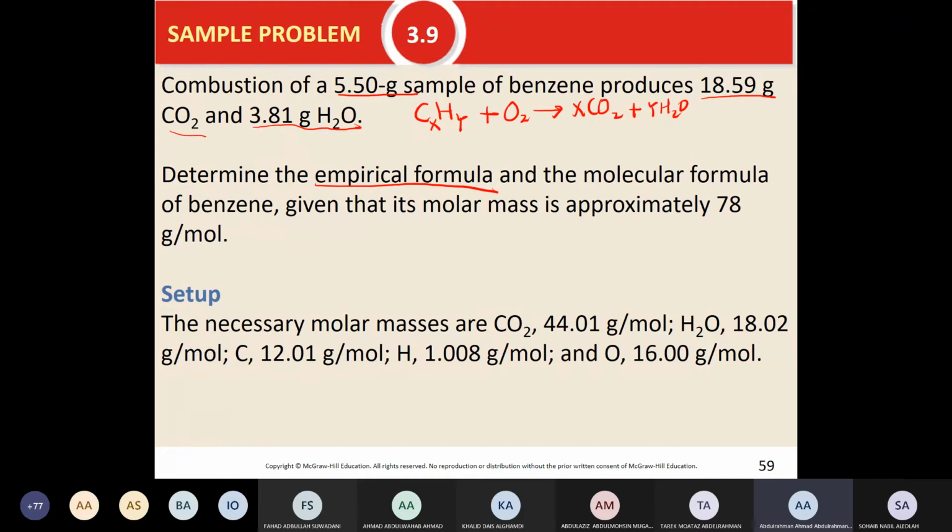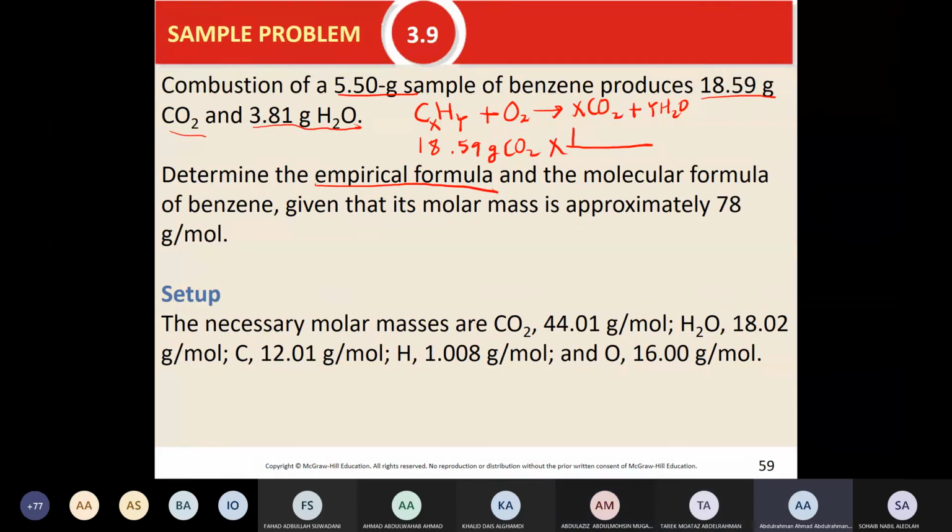Good. If I have 18.59 gram CO2, how many grams of carbon are available in the carbon dioxide? How many grams of carbon only? 12.01 over 44. I'll help you.